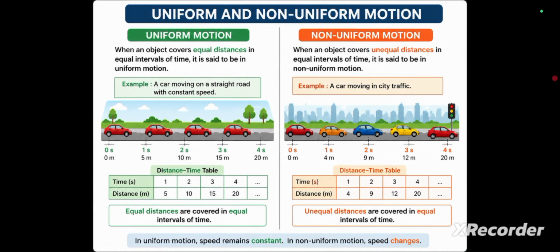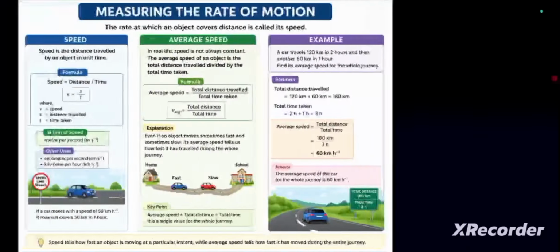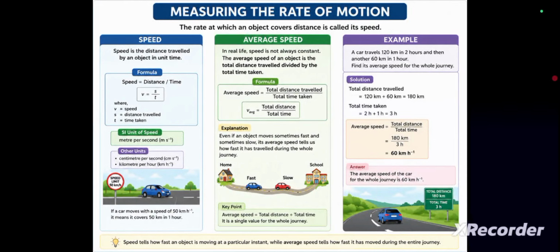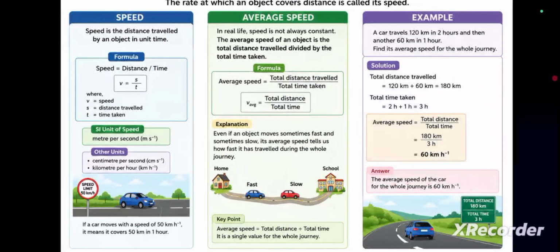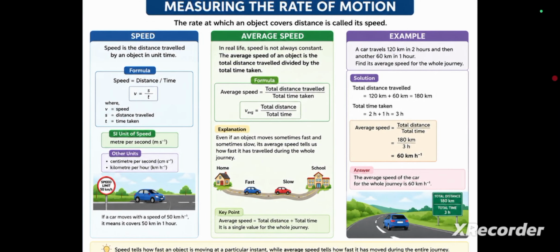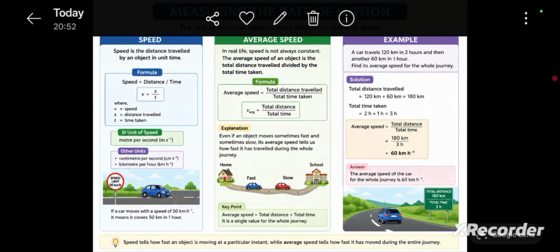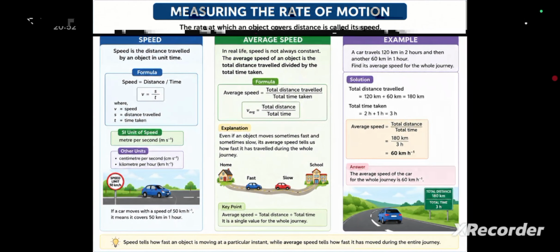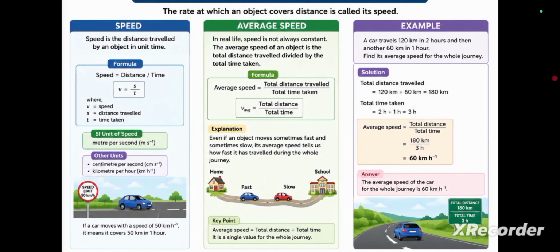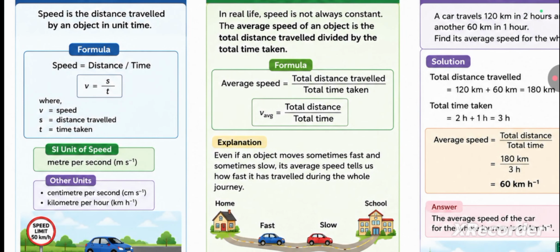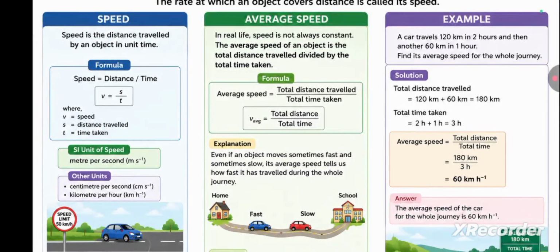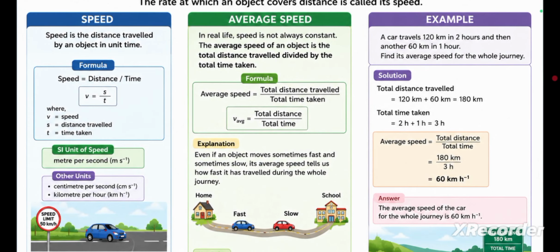Now the other topic is measuring the rate of motion. The rate at which an object covers distance is called its speed. First we learn speed. Speed is the distance traveled by an object in unit time.